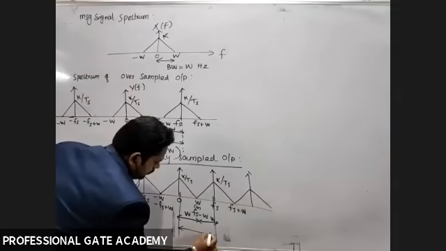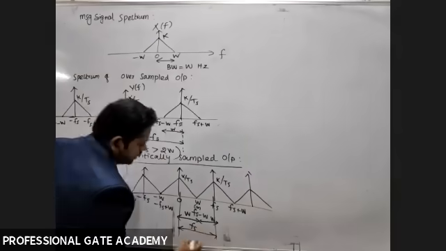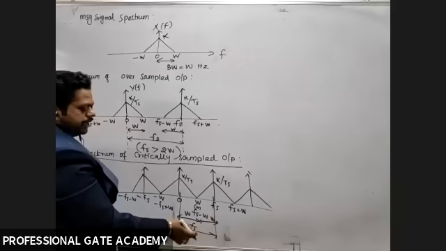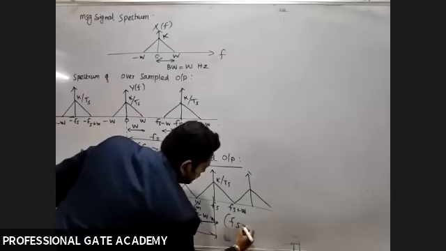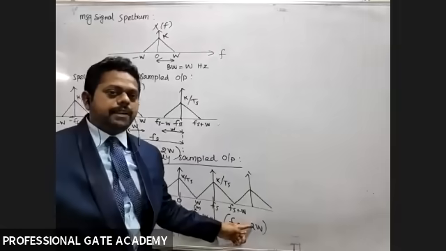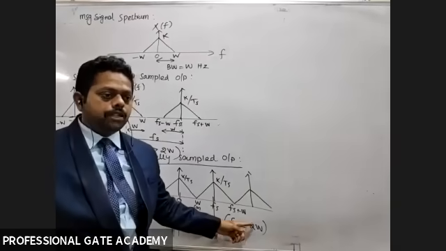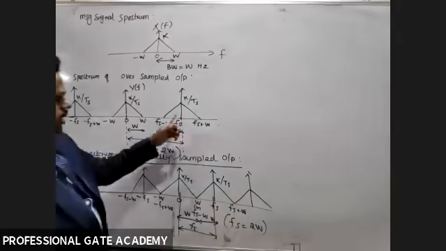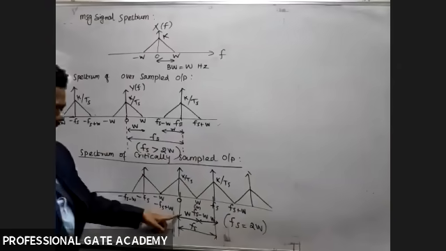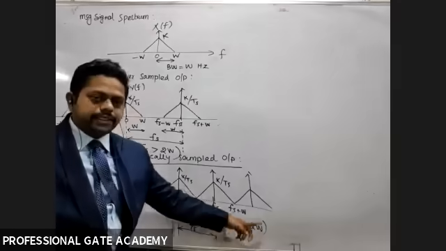W. Then from here to here, what is the length? Fs. So W plus W, 2W, is equal to Fs. That's why here Fs equals 2W. If Fs equals 2W, which sampling is it? Critical sampling. So in the first case, Fs greater than 2W is oversampling. In the second case, Fs equal to 2W means critical sampling.